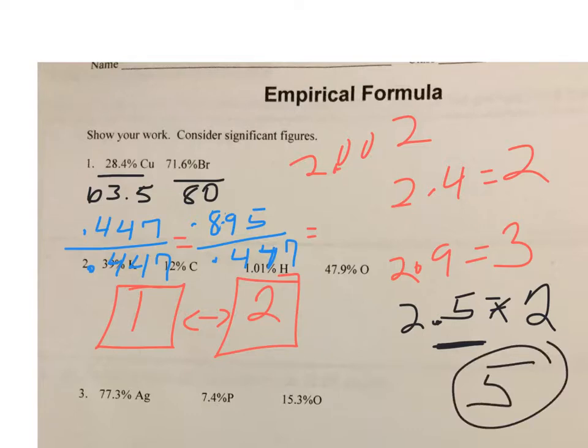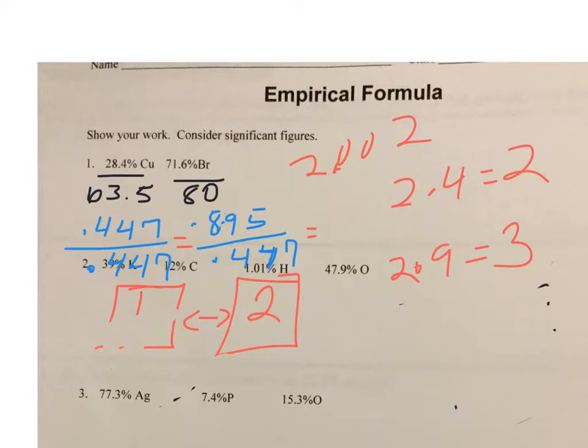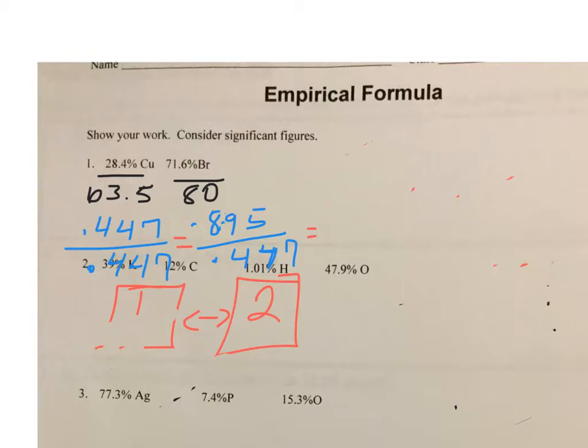But what you do to one, you must do to the other. So then copper would have been times 2 as well, and this would have been 2, okay? But we didn't get 2.5, right? So let's go ahead and erase that. Okay, and we're not going to do that. But that's just for future reference, because if you do get something like 1.5, it's going to be different.